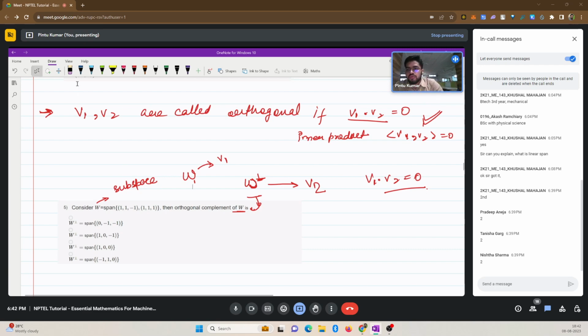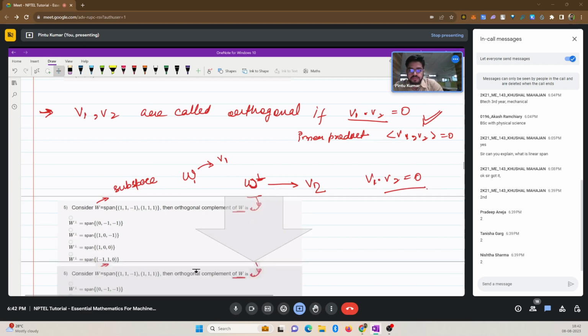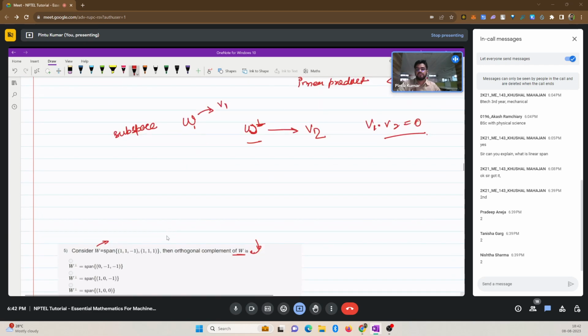Now, one very small thing. Let's say v1 and v2 are orthogonal. Then what can you say about 2 times v1 and v2? Then 2 times v1 dot v2 would also be equal to 0. You can use your dot product calculation to show this, and it is a property of inner product spaces.